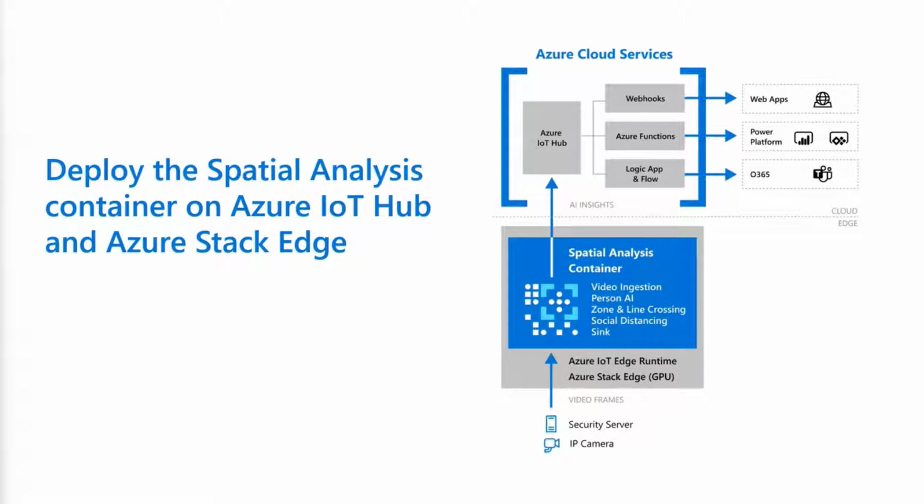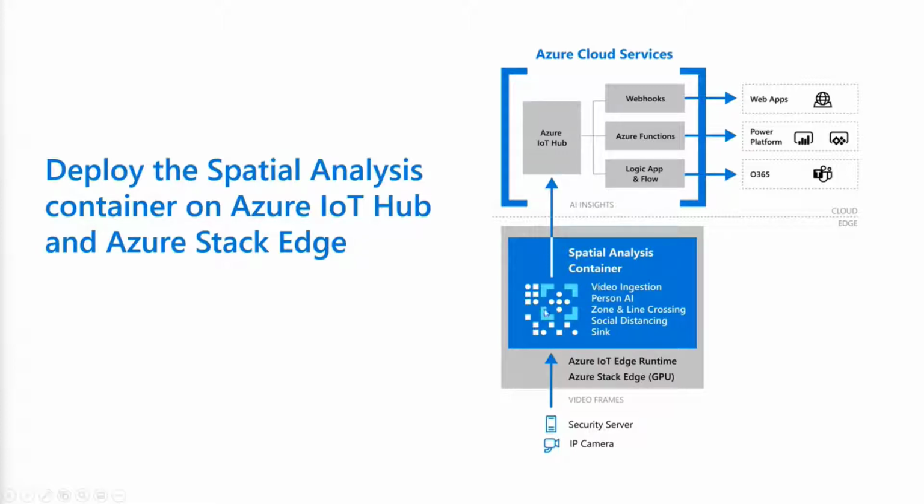Okay, important thing. How can I deploy spatial analysis with Azure, inside of my hardware, like an edge device? First of all, you're going to need an IoT Hub. That's the basic concept that you need in this architecture. Once you have the IoT Hub, it's possible to create the edge device on top of IoT Hub, and then deploy the spatial analysis container inside of the IoT Edge device.